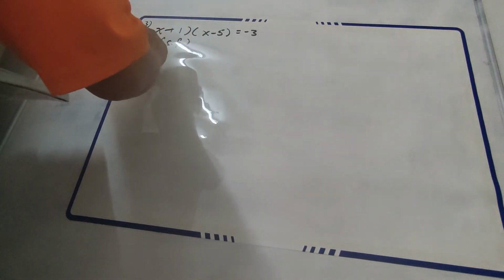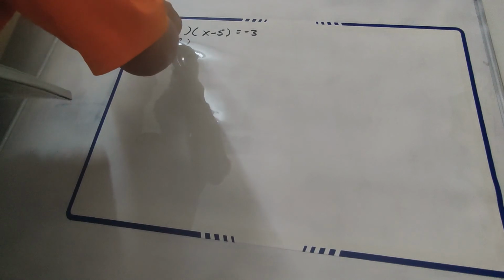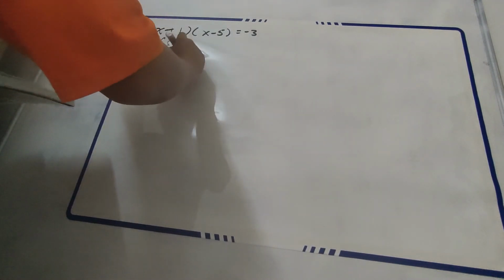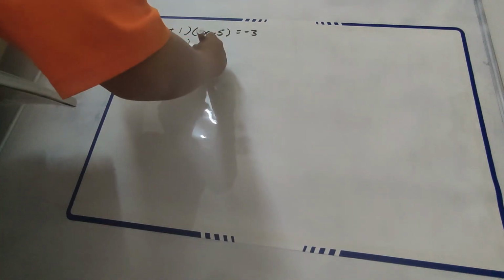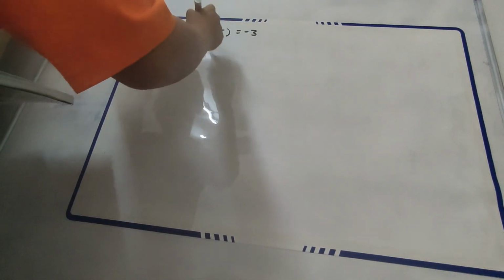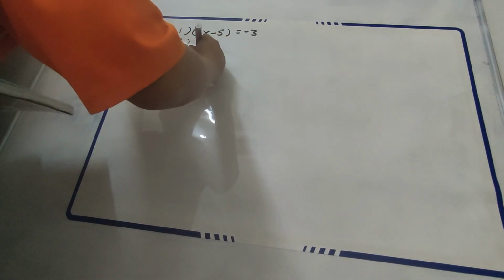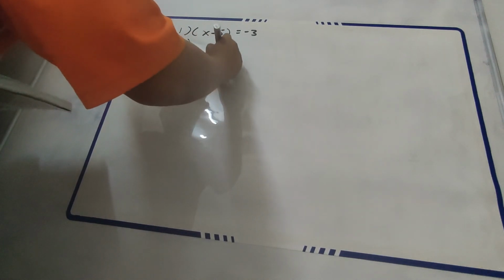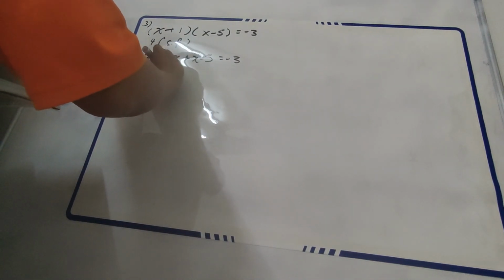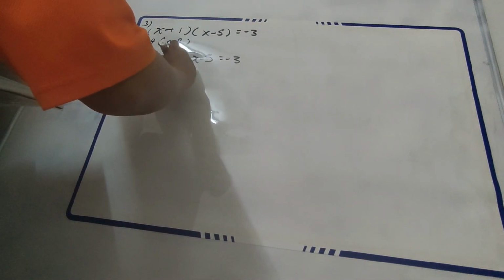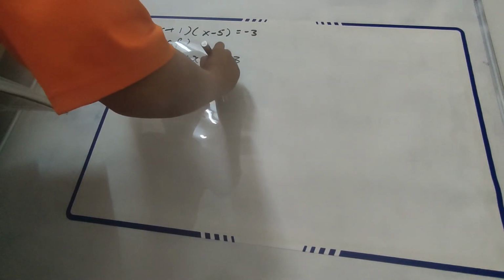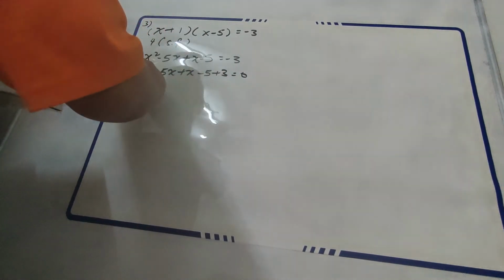x times x is x squared, then x times minus 5 is minus 5x, plus x, then plus 1 times negative 5 is minus 5, equals minus 3. So x squared minus 5x plus x minus 5 plus 3 equals 0.